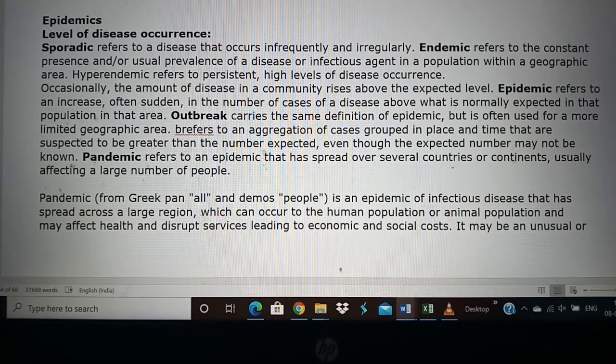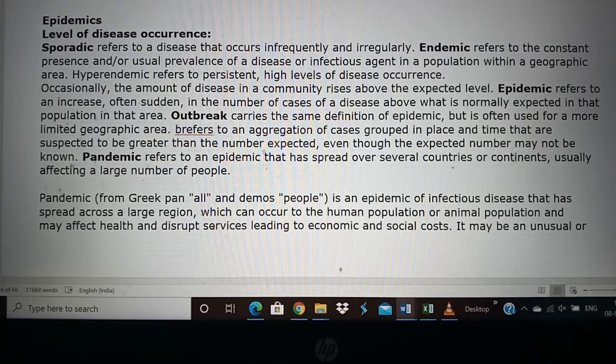The next thing is epidemic. Epidemic means there is a sudden increase or a sudden onset in the number of cases of a disease more than what is normally accepted or expected. See, if usually in a particular community there are 100 cases of malaria, that means it is endemic. Every year there are 100 cases, but in one particular year there are 1,000 cases.